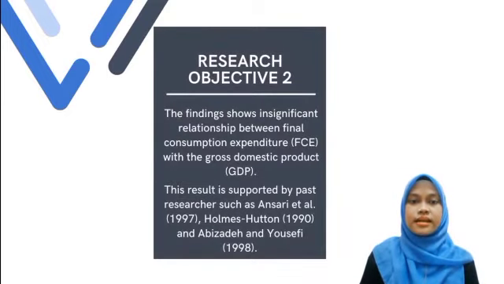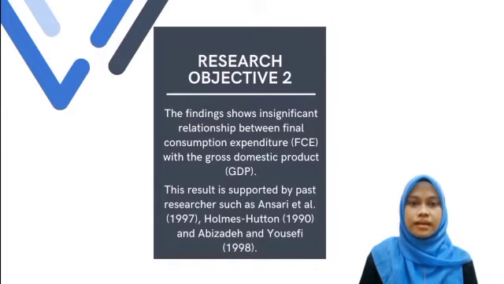For the second research objective, the findings show an insignificant relationship between FCE and GDP. This finding is in accordance with empirical findings from numerous journal articles, such as those by Ansari in 1997, who attempted to establish the direction of causality between FCE and GDP from Ghana, Kenya, and South Africa, using the Holmes-Hutton 1990 causality test, a modified version of the Granger test, and the standard Granger testing procedure.